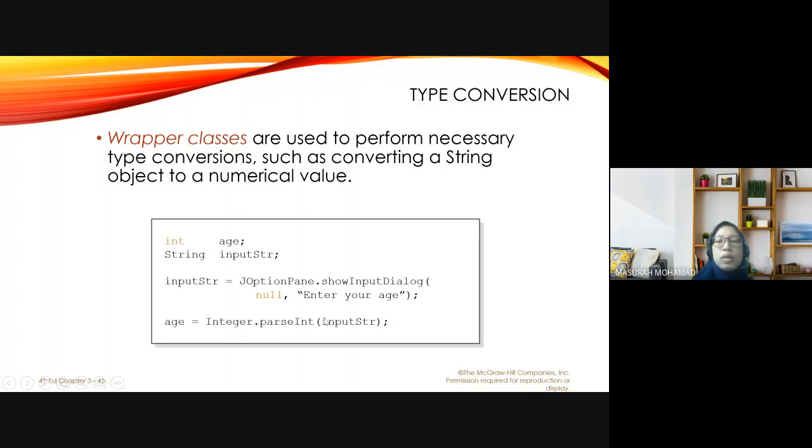Inside it, you need to pass the string that you want to convert, in this case inputStr. So when you implement this, inputStr stores the string value, let's say the user entered 12. The 12 in string format will be converted into an integer, then stored into age.